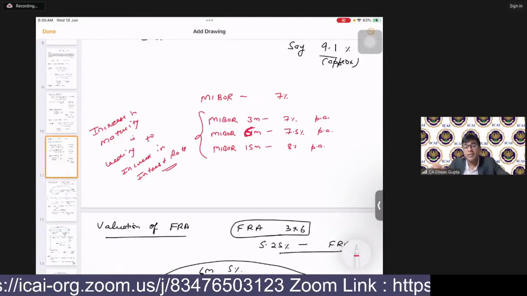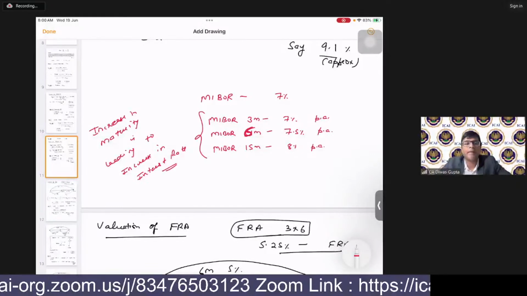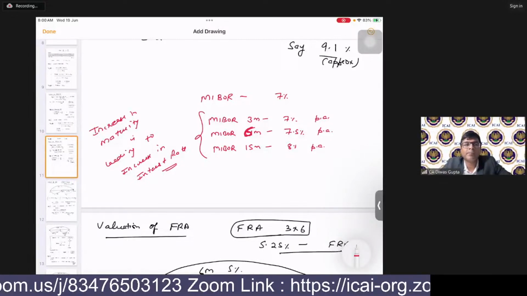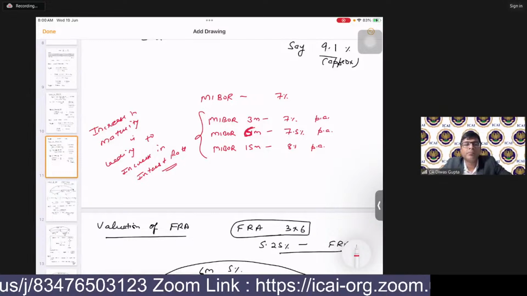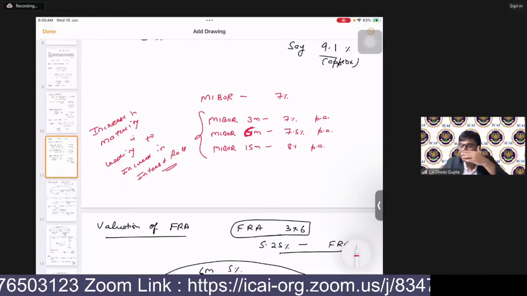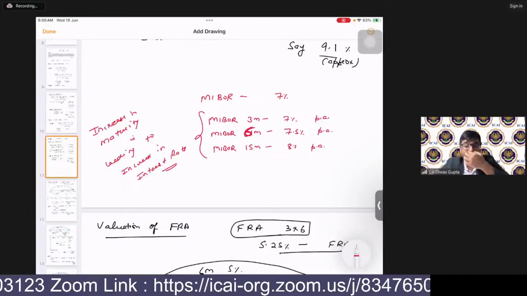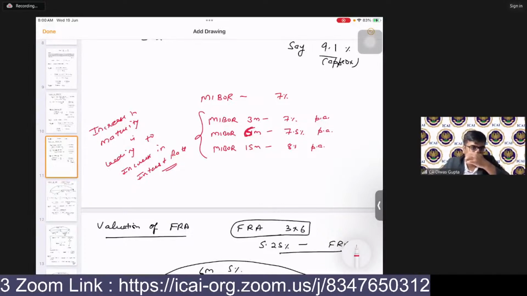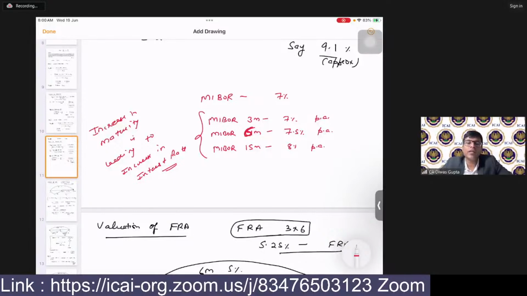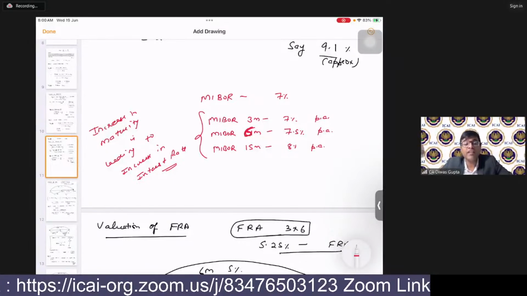What is the primary reason, students? Come on, can you think and attempt? This is very, very crucial actually. Increase in maturity is leading to increase in the interest rates. Why will this happen?